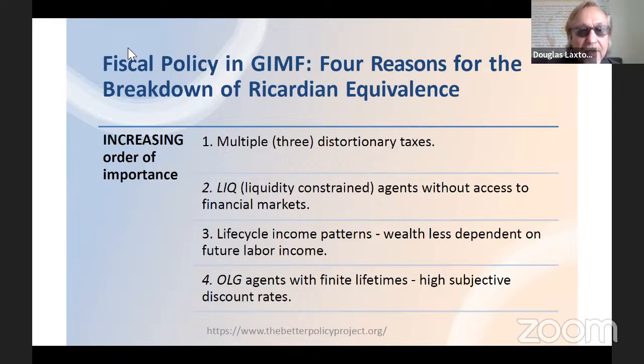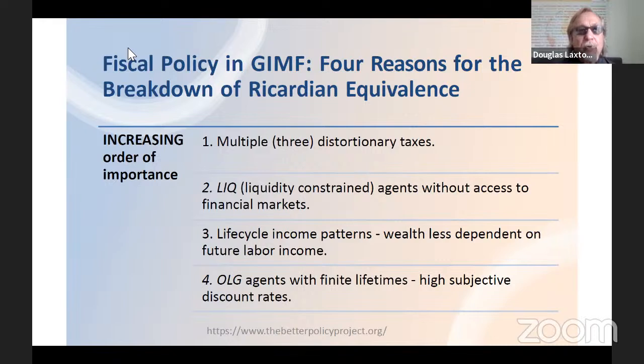Okay, so the other thing, of course, is liquidity constrained agents that don't have access to financial markets. So these are just agents that consume out of their disposable income. They can't borrow, and so they just follow. They're sometimes referred to as rule of thumb consumers. And then, just as importantly, people that have life cycle income profiles.